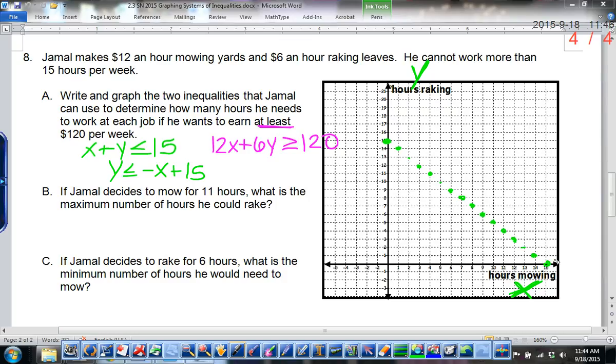All right, that line is going to be solid or dotted? Solid. Hopefully your line is a little bit straighter than mine. Shade above or below? Below.